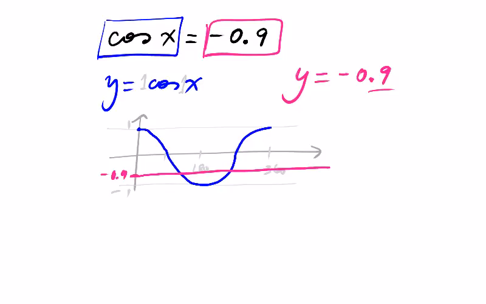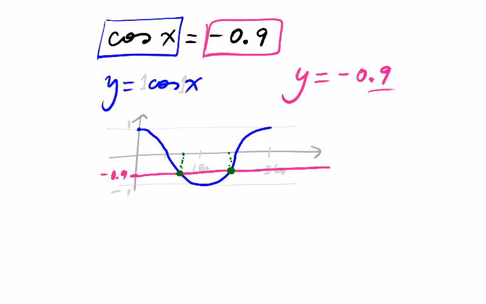So solving this equation is actually finding where the two lines intersect. So those two green points are the solutions, well, not the points themselves, but the x corresponding to each of those are the solutions to our equation.